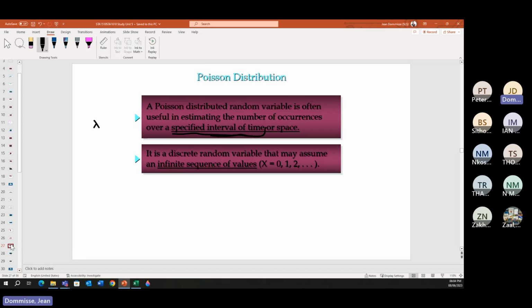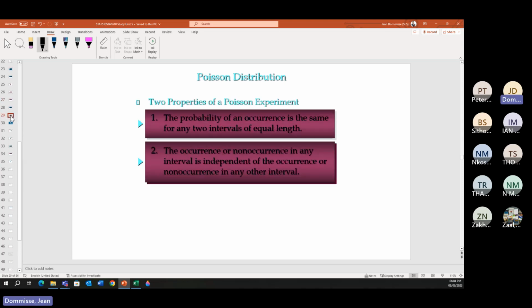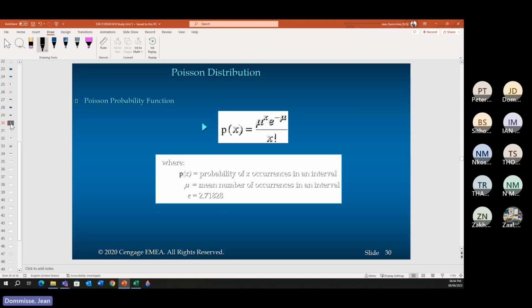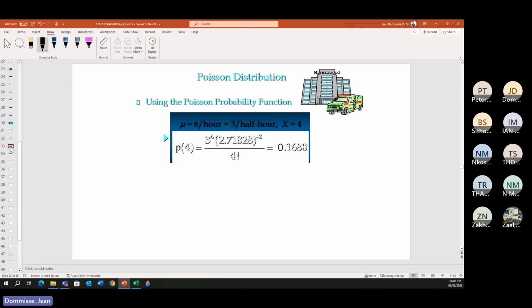On your Poisson distribution for your expected value, it's very simple. Let's just check where that is.